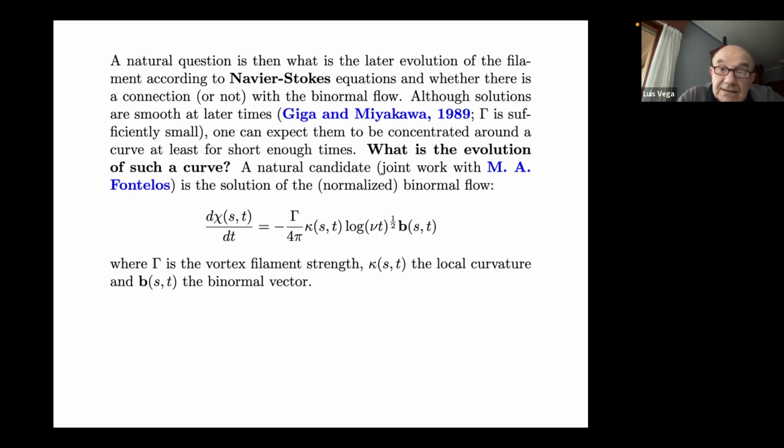The idea that these old ideas of Picard iteration and Duhamel's formula could be useful in fluid mechanics took a lot of time to appear, and as far as I know, arguably not until the early 80s. Then Giga and Miyakawa used as a functional setting something called Morrey spaces.